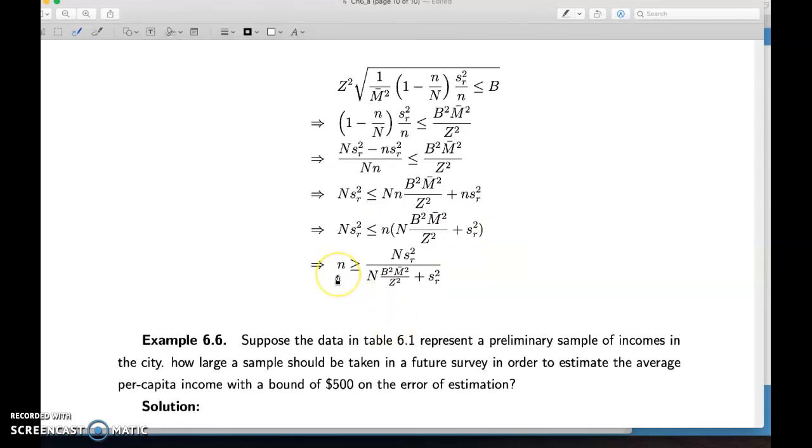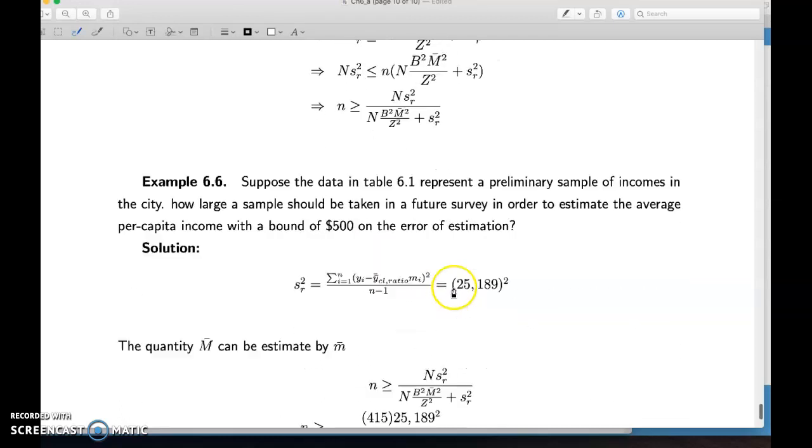We find the equation for the number of clusters to be sampled: n is greater than or equal to N SR square over N, where B is the bound of error for the average per capita under the ratio estimation, multiplied by m bar square divided by z square plus SR square.